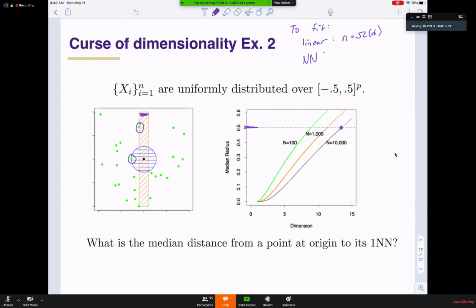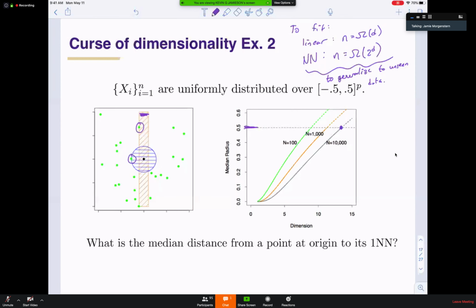For nearest neighbor, n needs to be more like 2 to the d. It needs to be exponential in the dimension to be able to learn the best nearest neighbor model. These numbers are about generalizing to unseen data, meaning not overfitting.